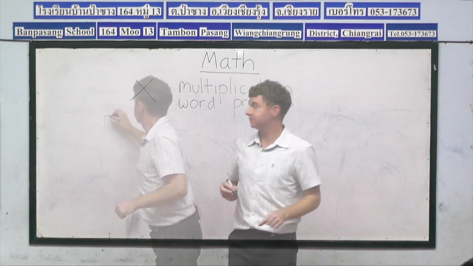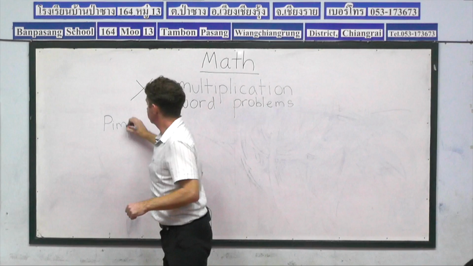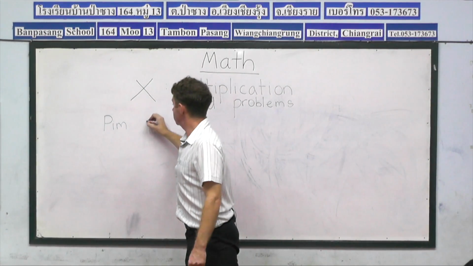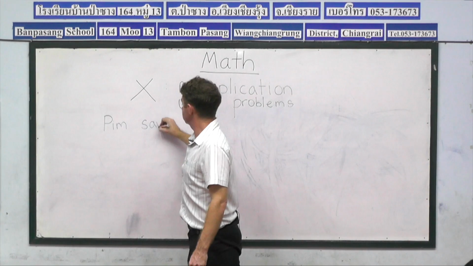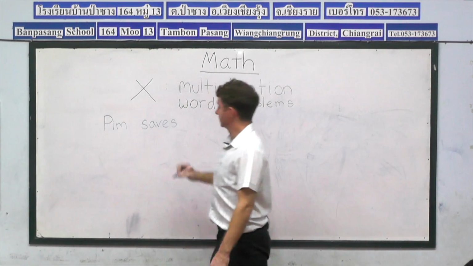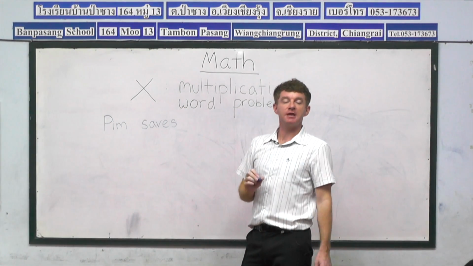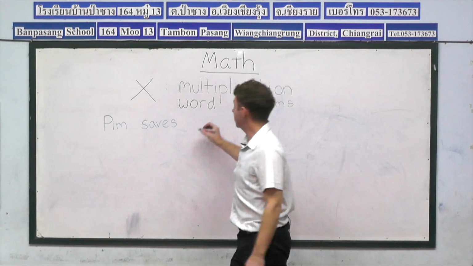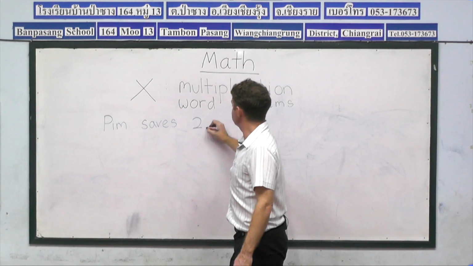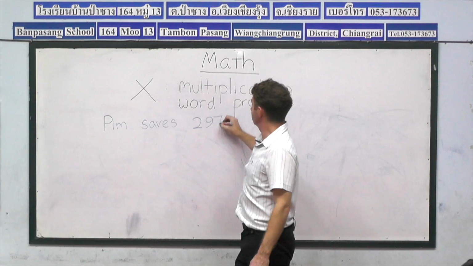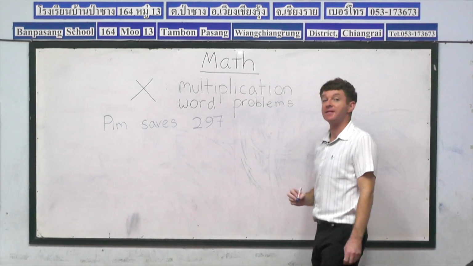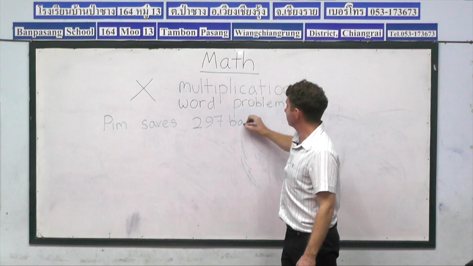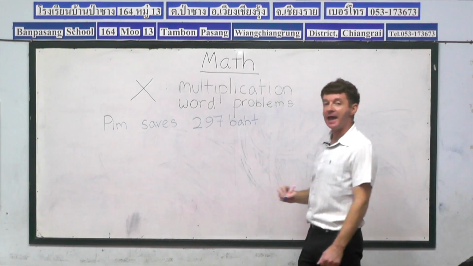So let's see. We'll start with the name of a person, Pim. Pim saves. Let me see. Give me 3 digits, please, guys. 2, 9, 7. 297. Pim saves 297 baht every week.